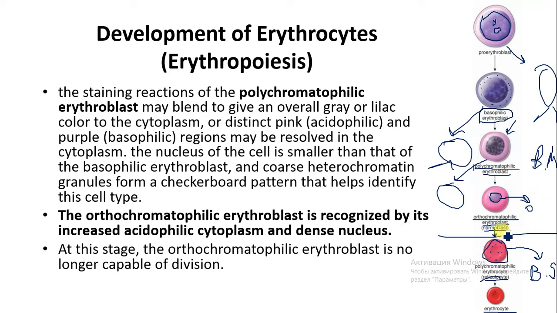The remnant of the cell without a nucleus is named a polychromatophilic erythrocyte, or more commonly a reticulocyte. Then the final maturation of the reticulocyte goes on inside the bloodstream, and it later forms the erythrocyte. You can find information about the erythrocyte in the previous lecture.